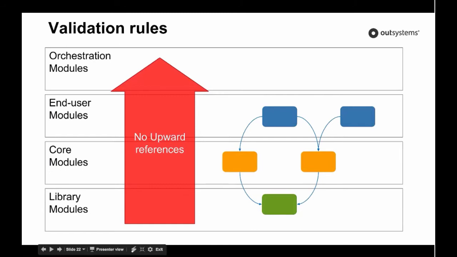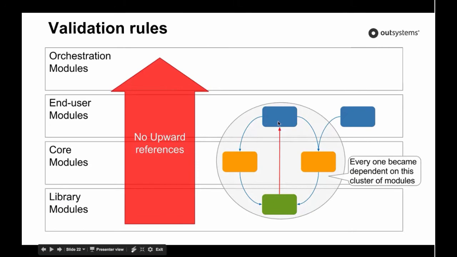I have here 2 end user modules, 2 core modules, and a library, and the dependencies are correctly set, so I don't have upward references. The modules are consuming something below. But if for some reason I leave an upward reference, what happens is that now I created a cluster of modules that indirectly all depend on each other.